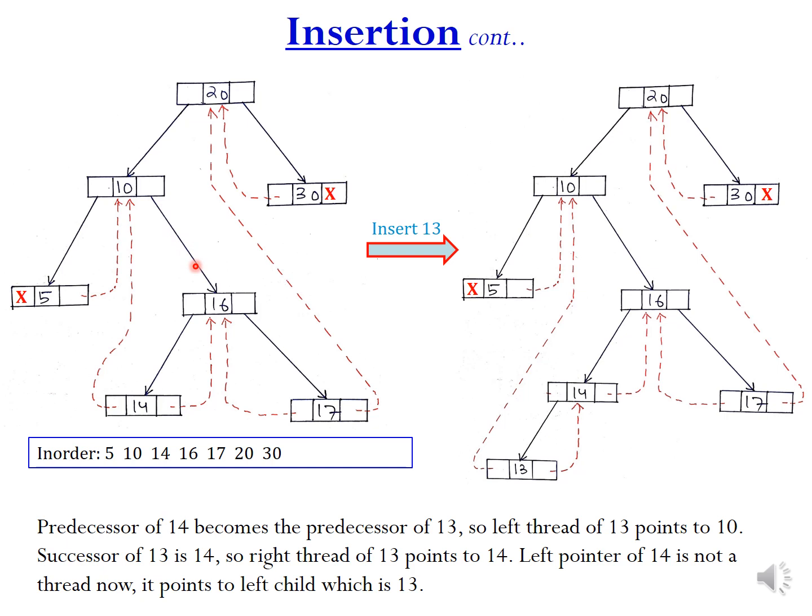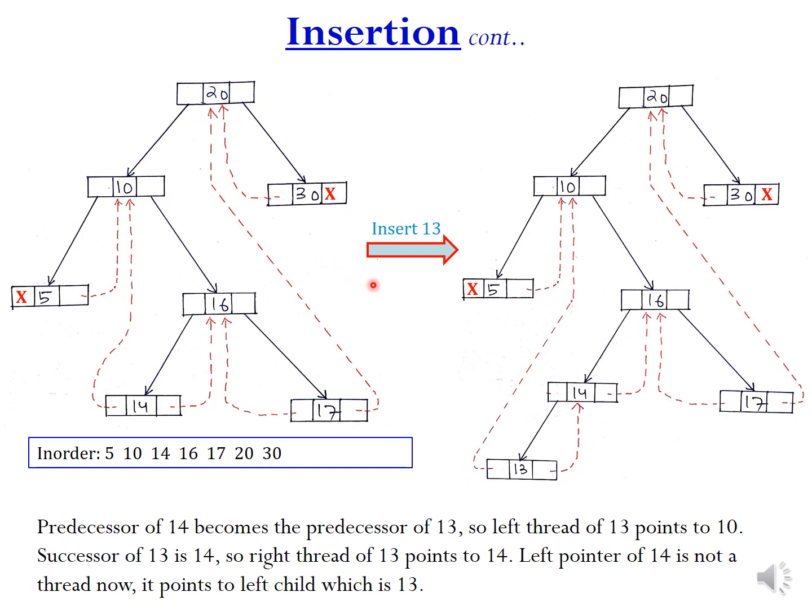This is also a link, but this is a thread. This thread is pointing to its inorder predecessor, which is node 10. And here this is X, which is basically a null pointer. This is the leftmost node, and it is not pointing anywhere because it does not have an inorder predecessor. In the same way, the right pointer of this node is also a null pointer, not pointing to any inorder successor. These are shown by X.